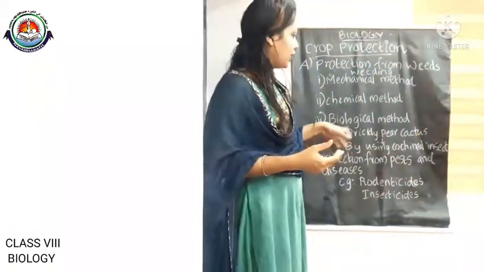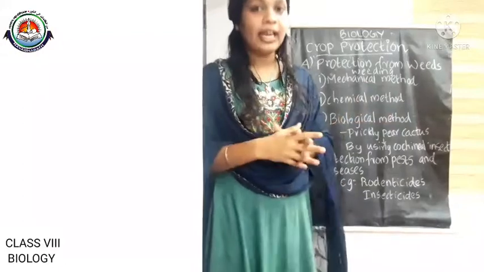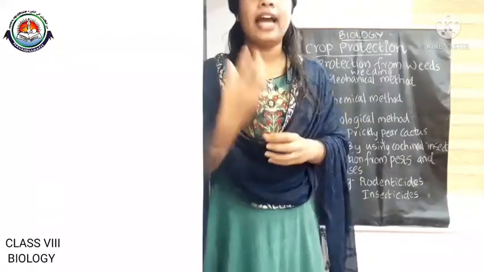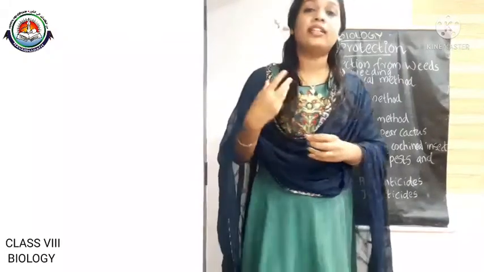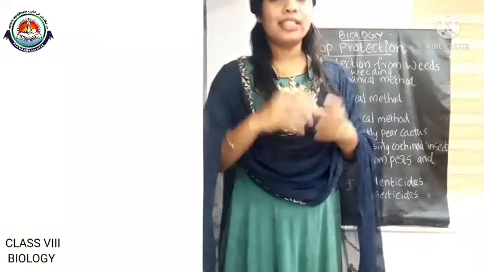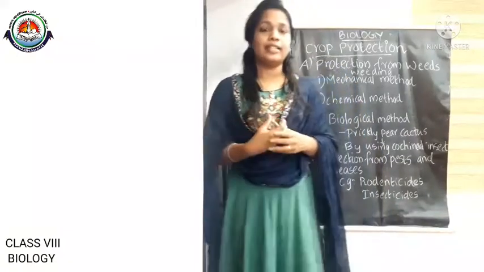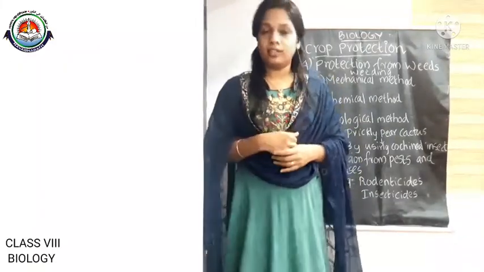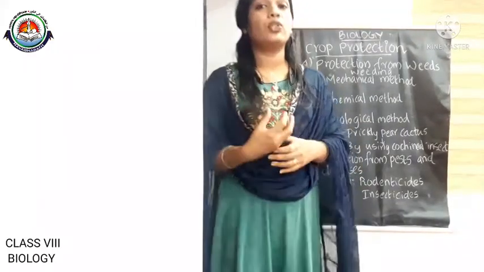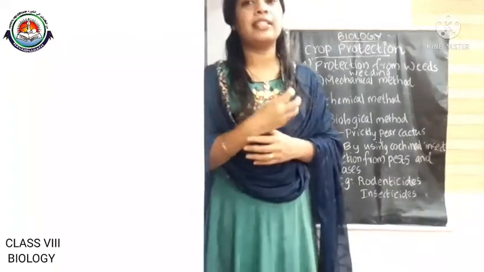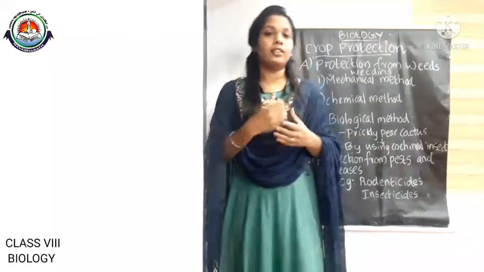The next method is the biological method of weeding. In that, certain insects and other organisms that damage and consume the weed plants are used. So by using such insects or organisms, the biological control of weeds is done.